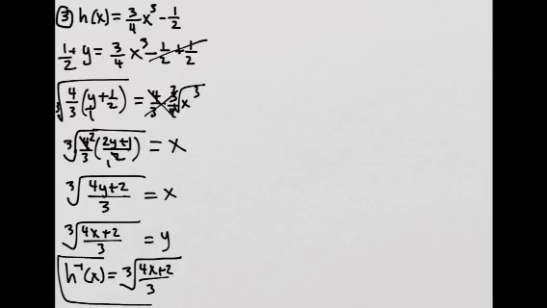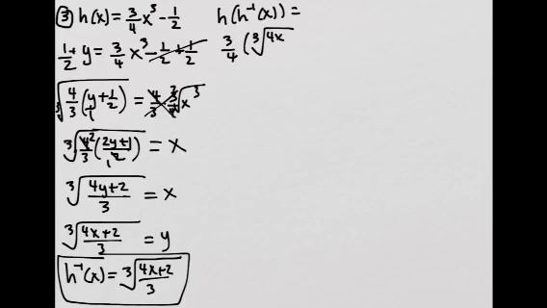We're going to check it with composition. So h of h inverse of x. So we're going to take our 3/4 times, and then we're going to take our inverse, 4x plus 2 over 3, cube it, minus 1/2.